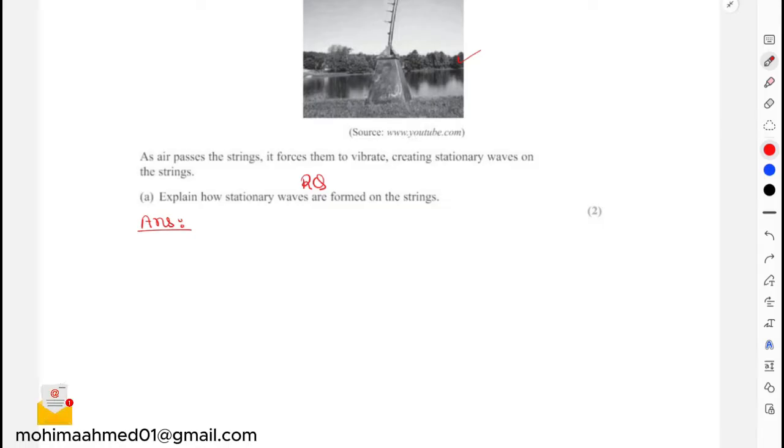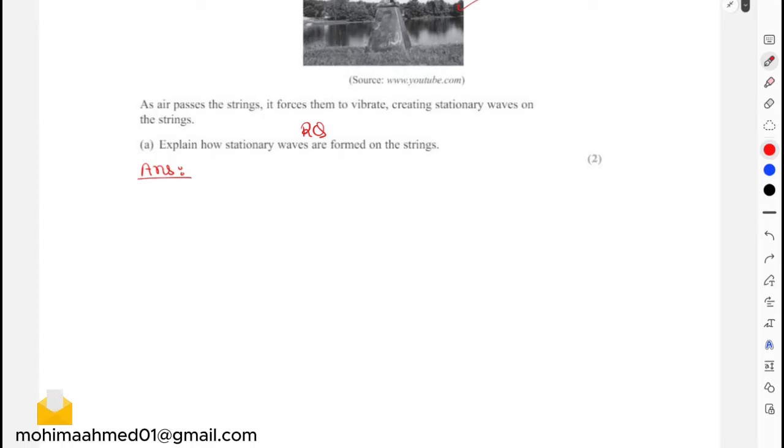small question. If this same question was asked and the marks were increased to 4 or 5 marks, then you would include the definitions for constructive and destructive interference: constructive interference in phase, with path difference of n lambda, and destructive interference in antiphase, with path difference of n plus half lambda. That would be included in that situation, but not now over here. So we will start.